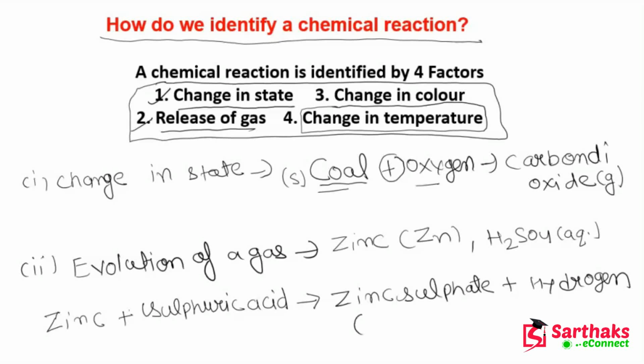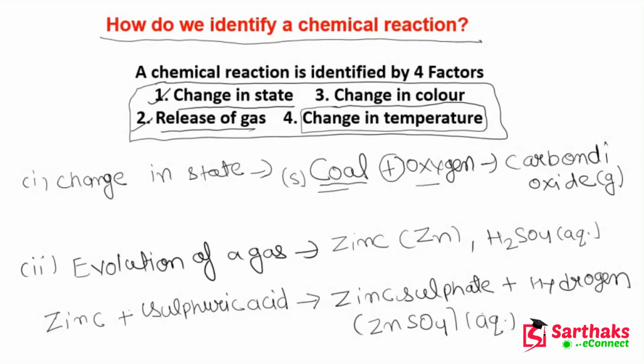What is the formula of zinc sulfate? The formula of zinc sulfate is ZnSO4 and it is also in liquid state. Let me write it clearly for you. For liquid state we write aqueous, and in short we write aq with a dot.